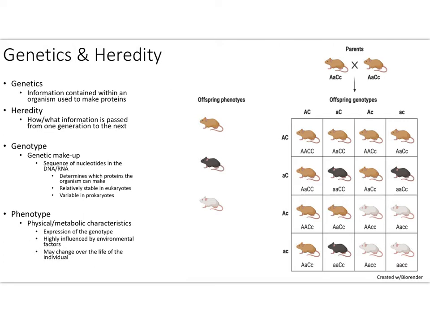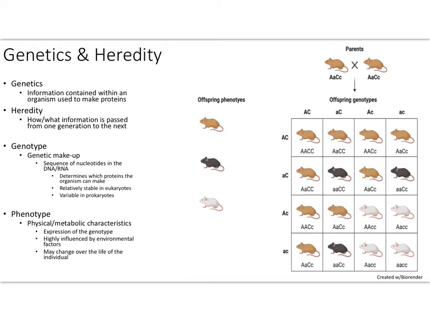So genotype is just the order of nucleotides. That's what we're talking about when we're talking about genotype. And the phenotype is the result of the expression of the genotype, which again just means the proteins that were created from the code in the DNA.